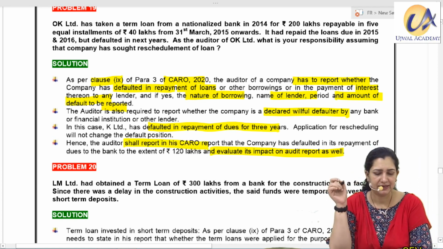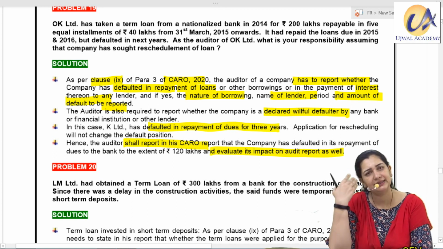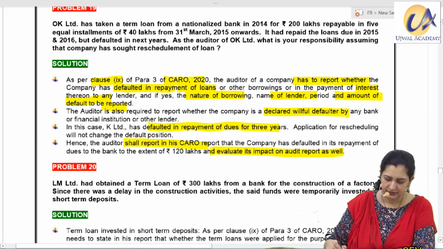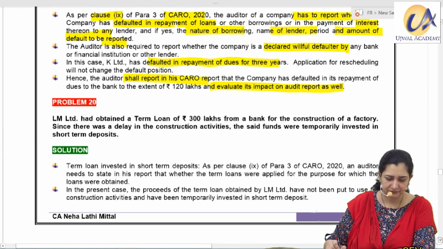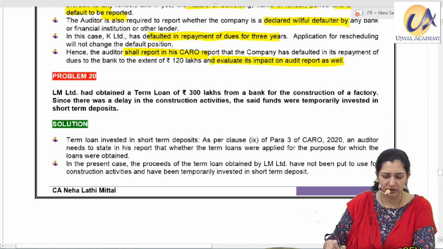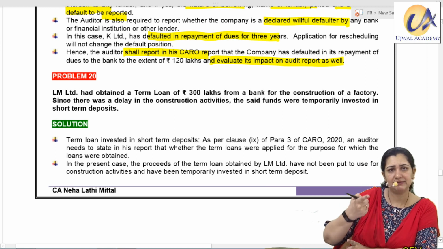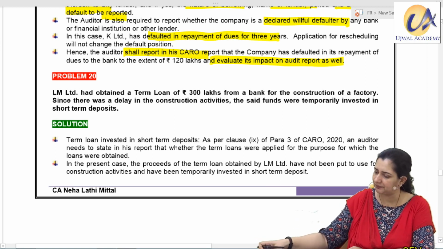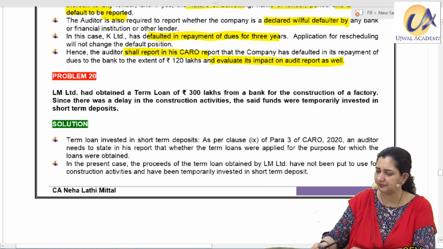Like I said, you have to identify the clause under which it comes. Automatically the things will flow in. 20. Taken loan for constructing a factory, delay is there, so invested in short-term deposits. So we know the answer for this. Problem 18 was the same, no? Yes, it was similar. Same answer.